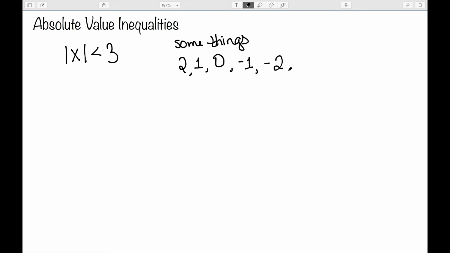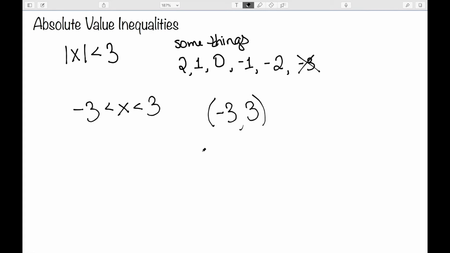However, we stop because if I were to consider -3, the absolute value of -3 is 3, which is not smaller than 3. So we can see we have a cutoff point. And in general, this works if x is between -3 and 3. In other words, the interval -3 to 3.